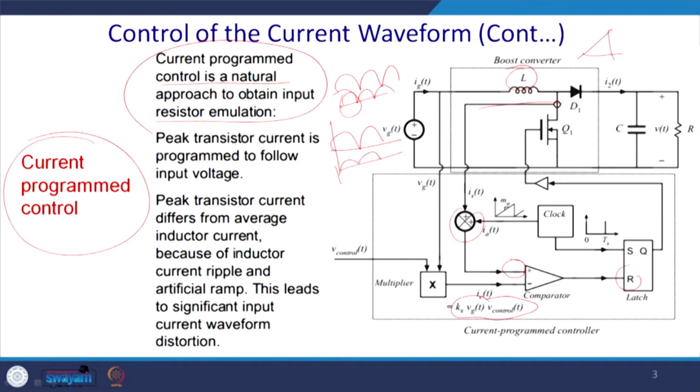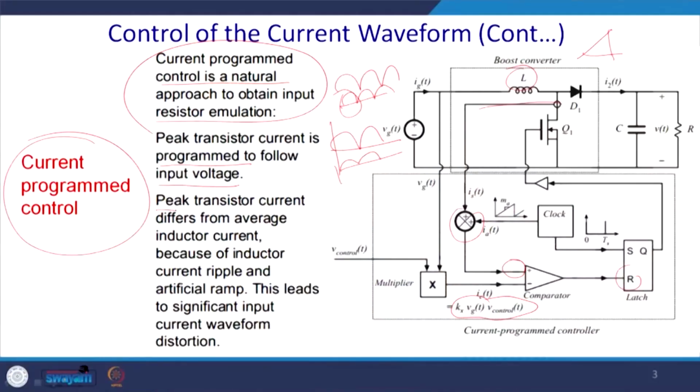The peak transistor current is programmed to follow the input voltage, and generally it will have double frequency oscillations. Thus before rectification there is no distortion and less THD.